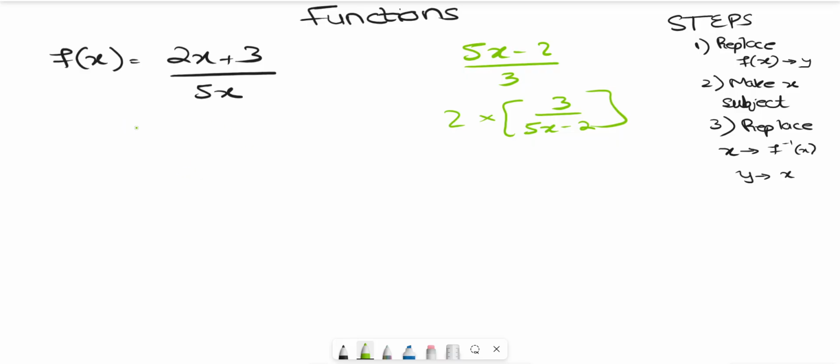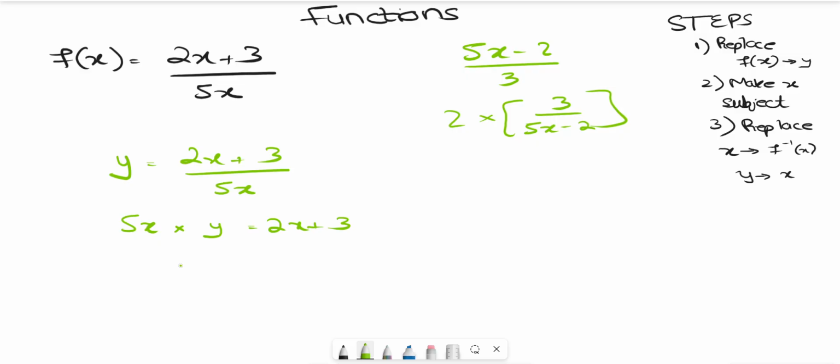First things first, replace f of x with y. Y equals 2x plus 3 divided by 5x. Okay? Take 5x to the other part of the equation. 5x into y equals 2x plus 3. Right?